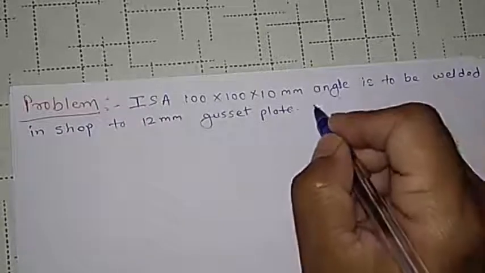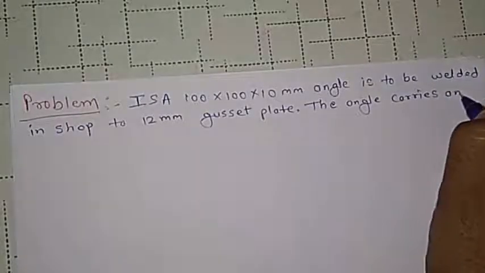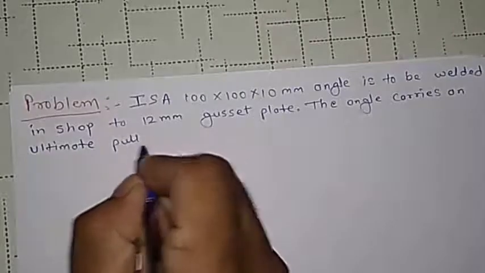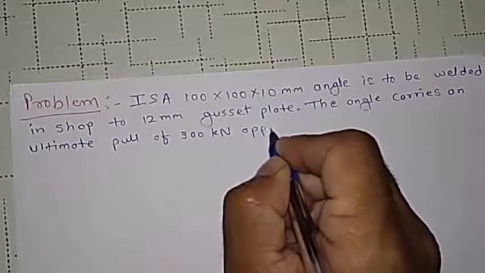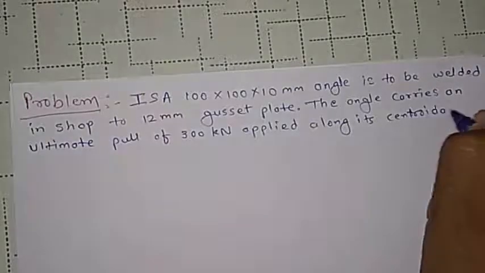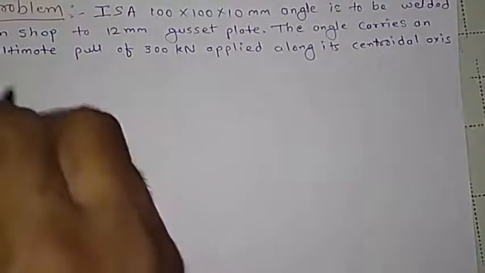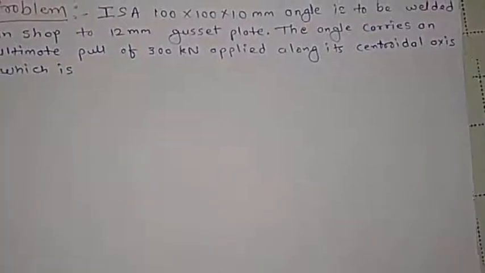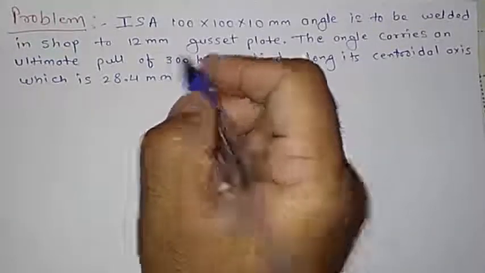The angle carries an ultimate pull of 300 kN, applied along its centroidal axis, which is 28.4 mm from the back of the angle.